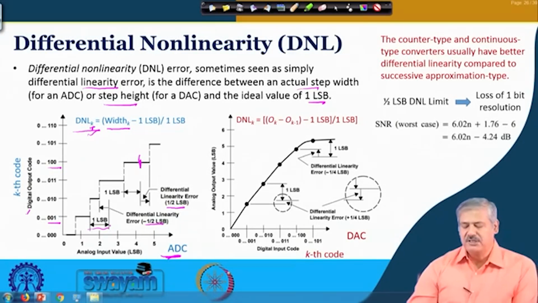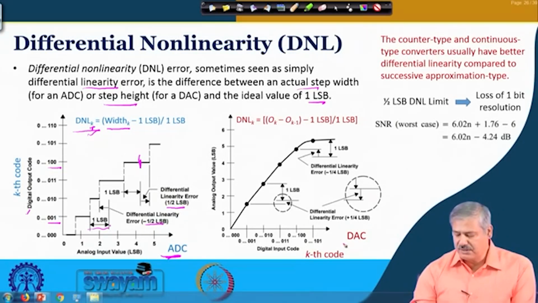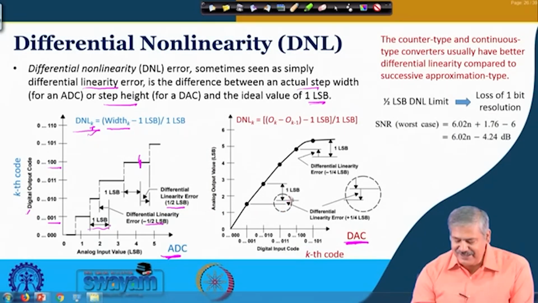Now, DNL for DAC. So, this is your DAC. This is your step height and the ideal value. The step height should be what 1 LSB should give you. This is the digital input code and the corresponding analog output for the DAC. Here you can see the step height from one particular code to another is more than what 1 LSB would have given.